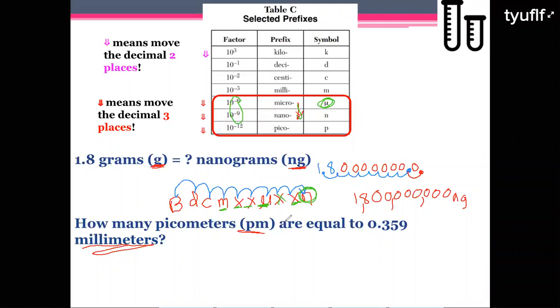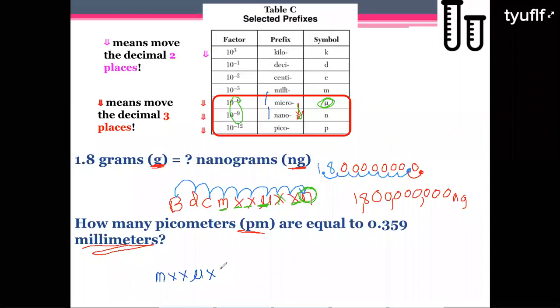Okay, so for this one, how many picometers are equal to this many millimeters? This time we're starting from millimeters. So I'm going to put my milli, and we want to go all the way to pico. Once again, Sharon, same thing we did. After milli comes micro, so that means there's 2 places: 1, 2, then we have micro. Then we need to get to nano, which is another 3 places.